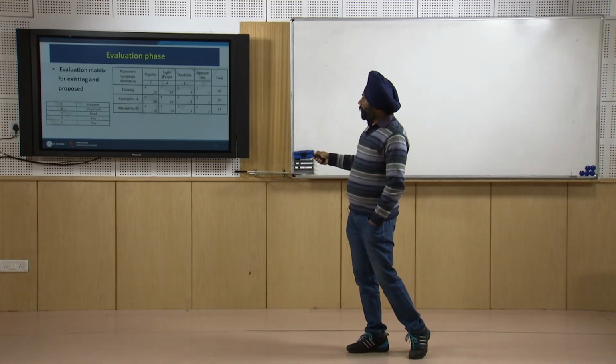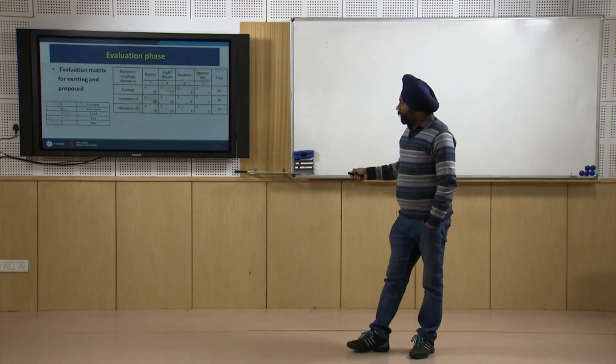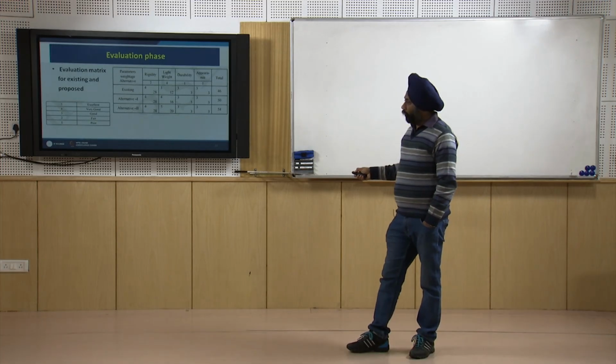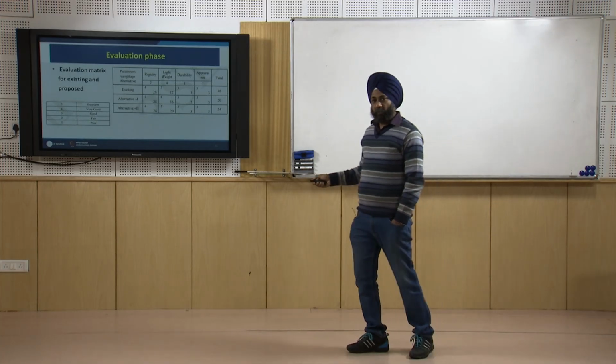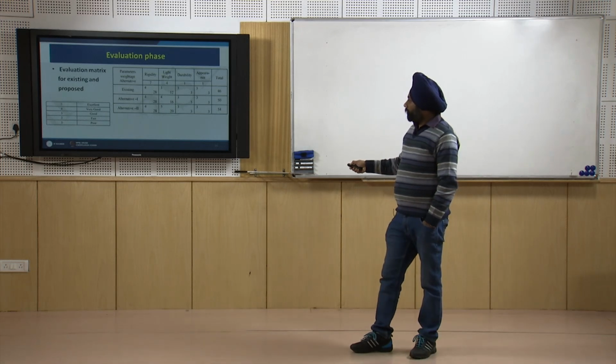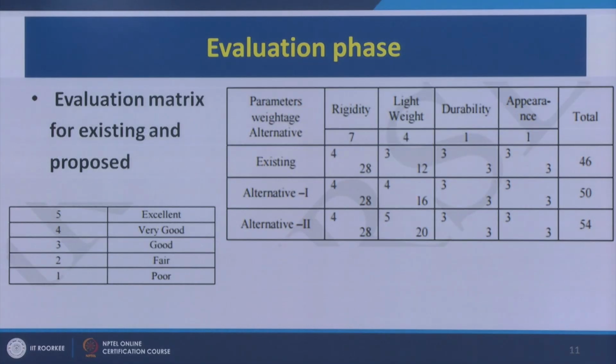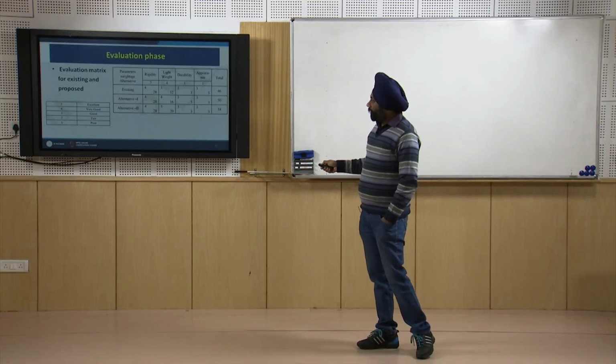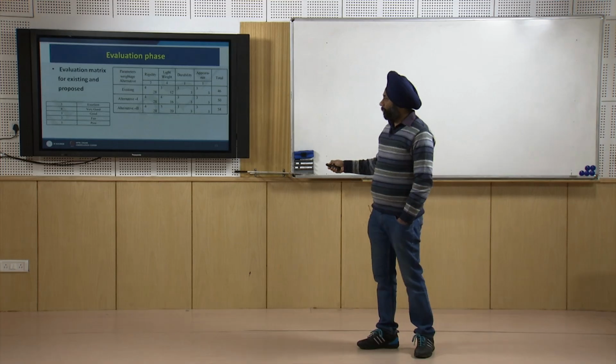But from a lightweight point of view, if we reduce the thickness of the board, the score is 20. For alternative 1 it is 16 and for the existing design 12, which means the existing design is much heavier compared to the new designs: a change in the gauge of the pipe gives 16 and a change in the thickness of the board gives 20.